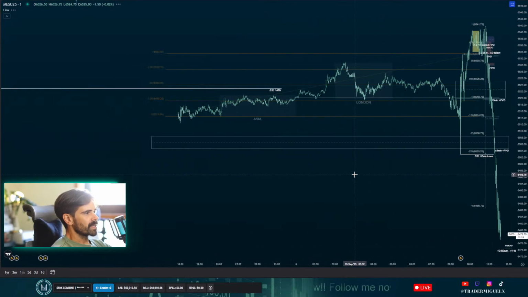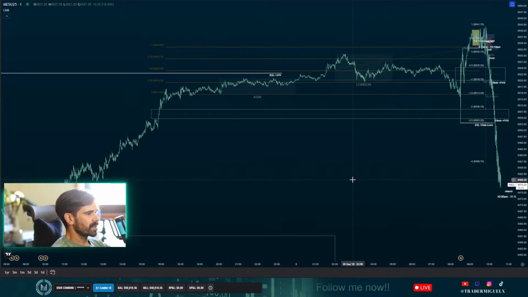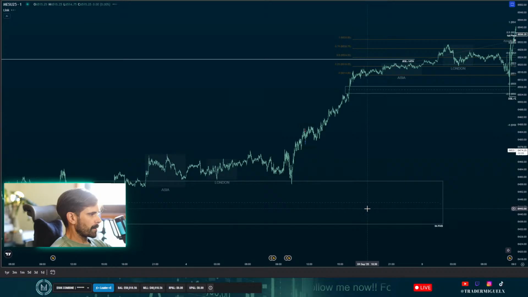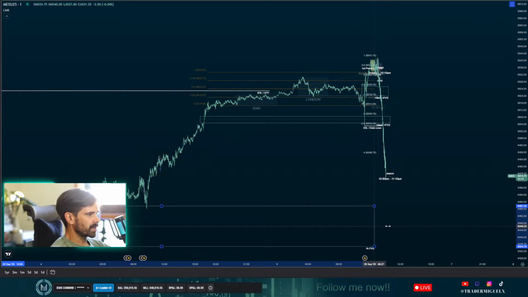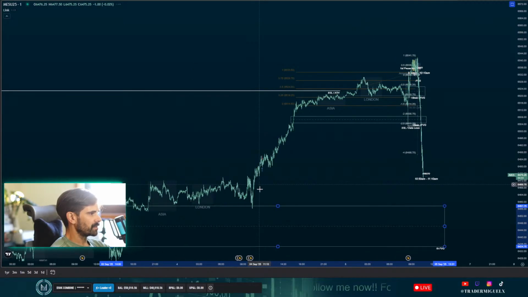Yeah, but this was a nice movement to the downside. See, notice how we took these lows that we were talking about whenever price was somewhere around here. We still have these relative equal lows as well, so price is taking them down now. And yeah, we still have these lows as well. So we might end up stopping probably around this 1 hour fair value gap here.